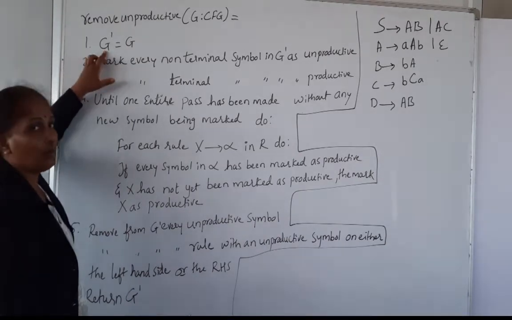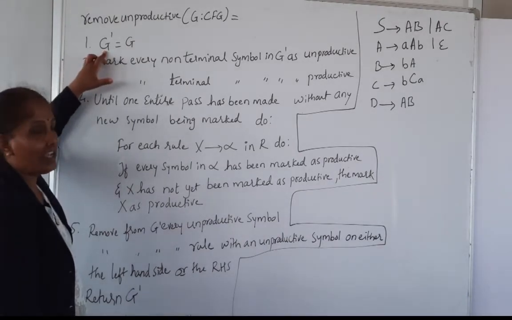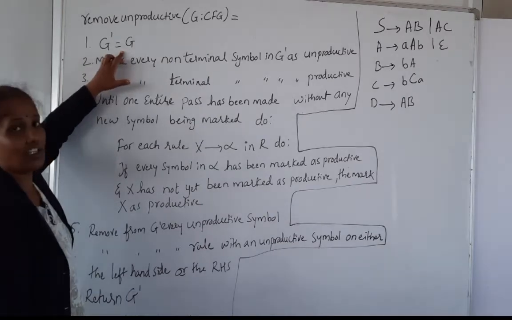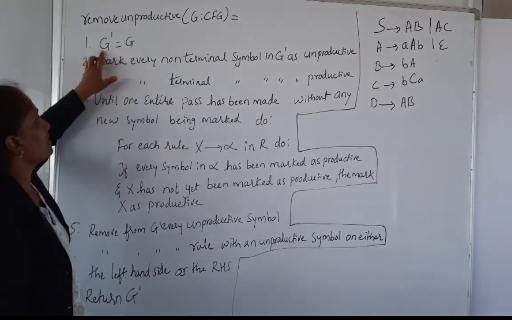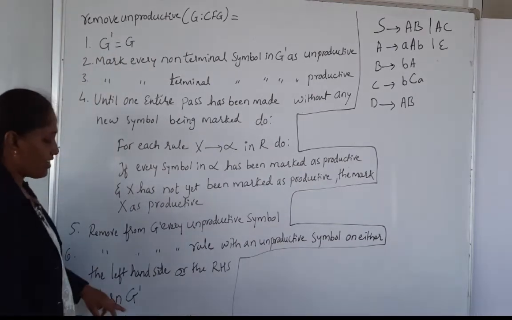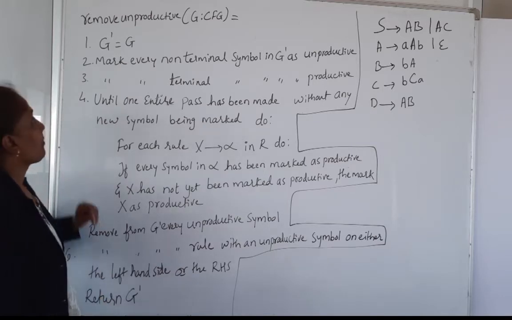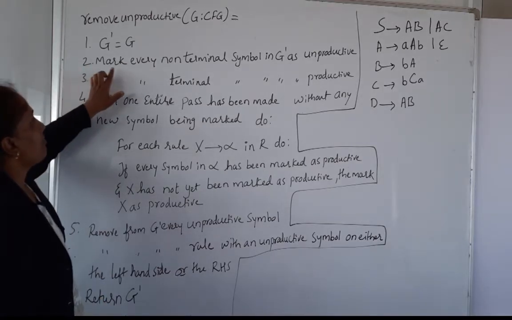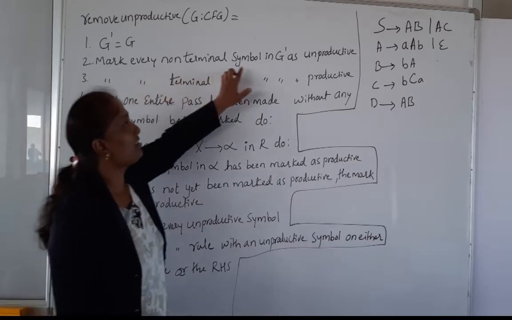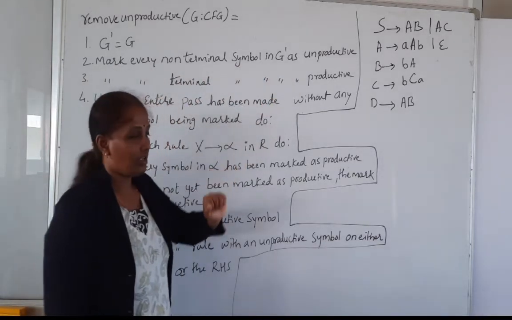Here we write G dash. What is the G dash here? It is nothing but the given grammar. The given grammar is assigned to G dash. So at the end I will get the G dash which is free from the unproductive symbols of the context-free grammar. What is the second step here? Mark every non-terminal symbol in G dash as unproductive.